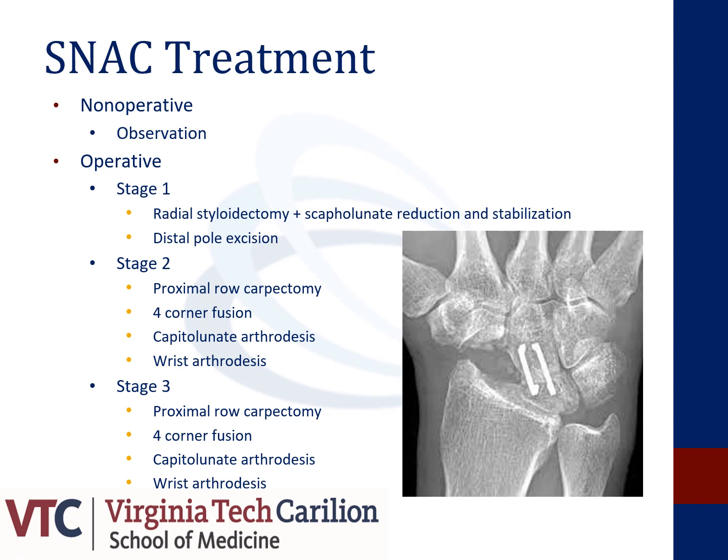The four-corner fusion and the capitolunate arthrodesis are both viable options because that relies on the lunate articulation with the radius, which tends not to be compromised in the setting of a SNAC wrist. Or you can jump all the way to a wrist arthrodesis if there are additional underlying pathologies to be managing.